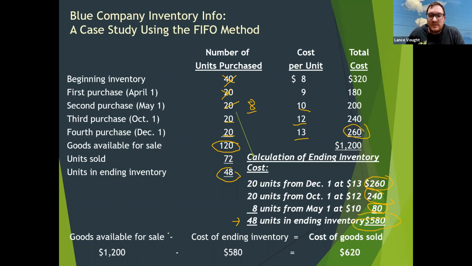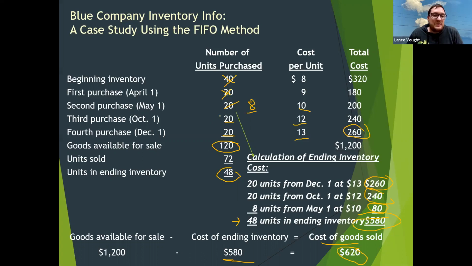And the cost of the inventory is $580. 260 plus 240 is 500, plus 80 is 580. So if we want to calculate our cost of goods sold, we take the complement of that. So 1,200 minus 580 gives us $620. So that's the first in, first out.